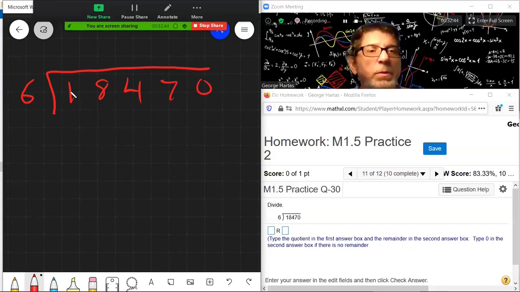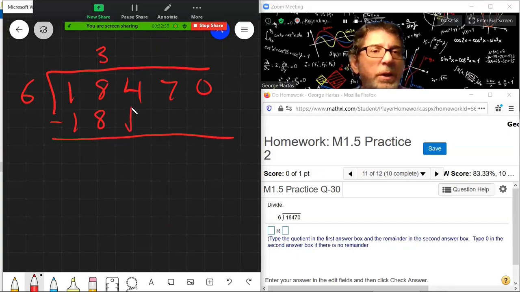6 does not divide into 1. 6 divides into 18 3 times. 3 times 6 is 18. 18 minus 18 is 0. I'll leave it blank. Bring down your next digit. 6 does not divide into 4 because 4 is too small, so we put a 0 here.